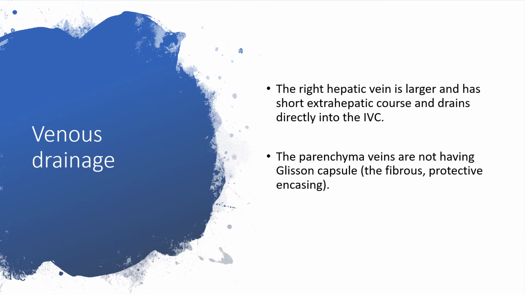The right is larger and has a short extrahepatic course, unlike the left, and drains directly into the inferior vena cava. The parenchymal veins do not have Glisson's capsule. The Glisson's capsule is the fibrous protective encasing.